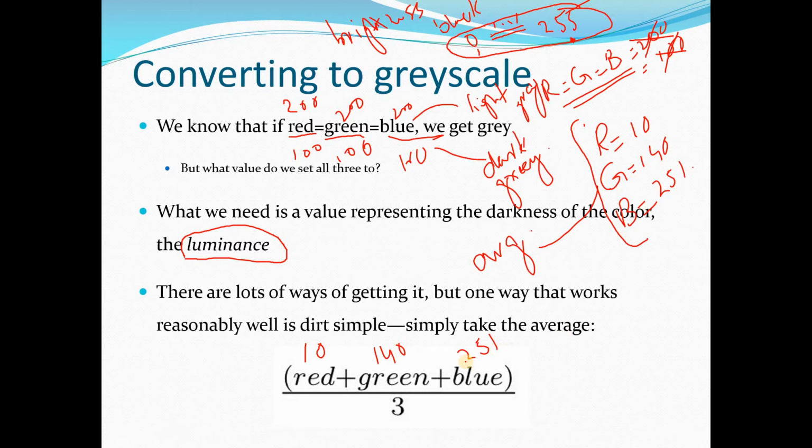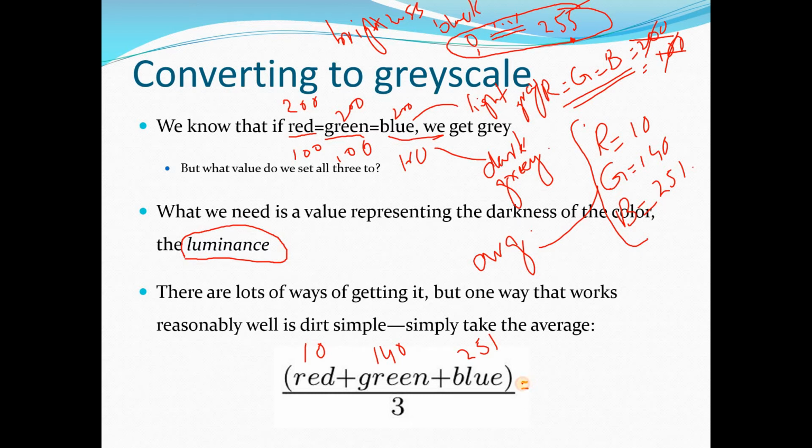A simple averaging method, and whatever result comes, I will save that value. That will represent the brightness of that pixel. The color itself I just ignore. For example, here we are mixing mainly green and blue, red is very small, but whatever the resulting color was, that color is gone and only its brightness will remain.